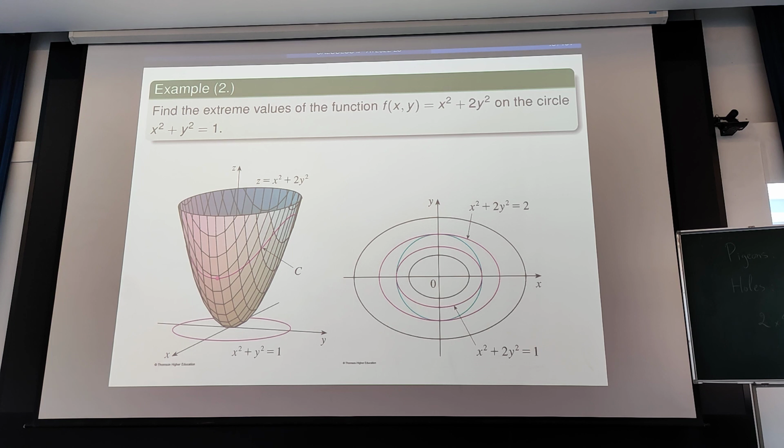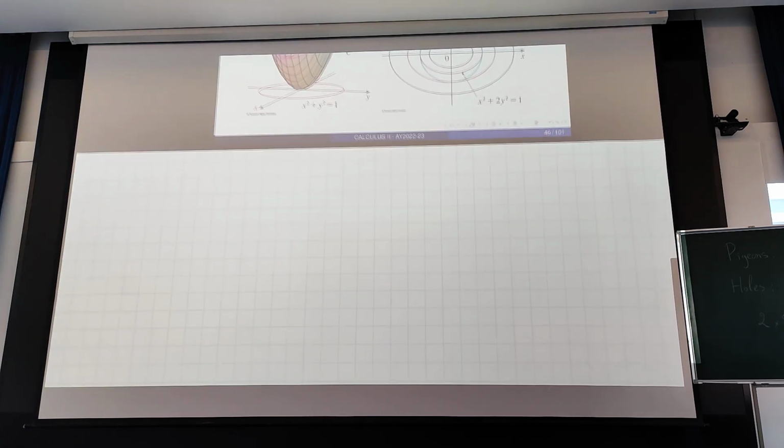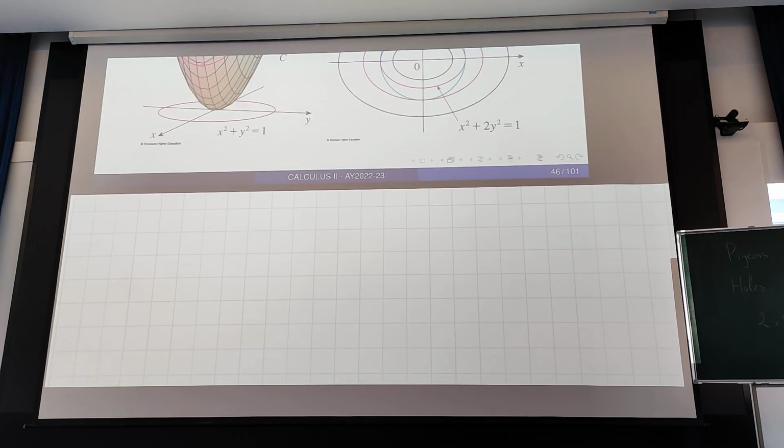So we are going to use this Lagrange multiplier method to find the extreme value of this function. Let me rewind the function.